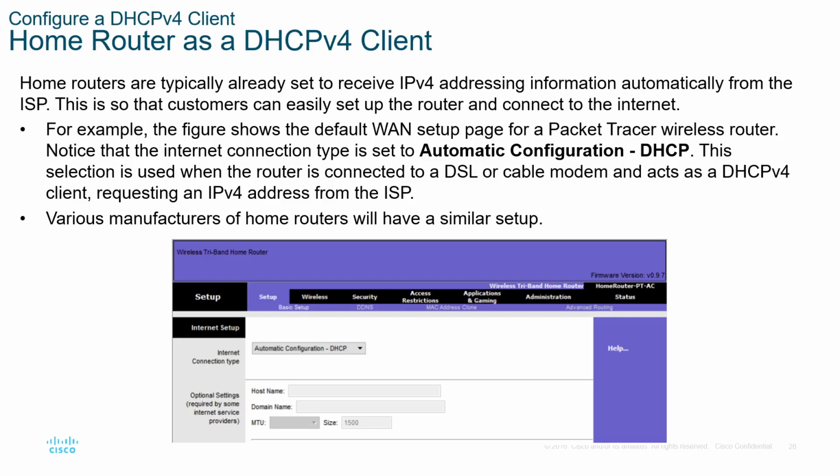In the figure below, we actually see that the default WAN setup page for the Packet Tracer wireless router is just basically set to obtain an automatic configuration address from the ISP. Now, for some routers, we actually need to do it manually, especially those routers that you buy separately from your ISP contract.